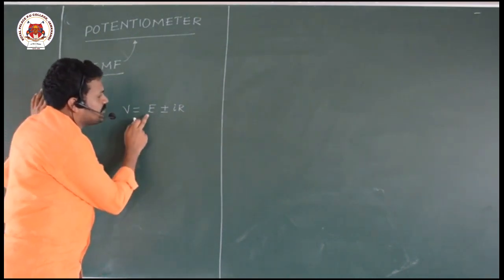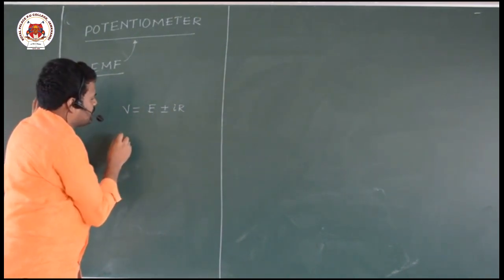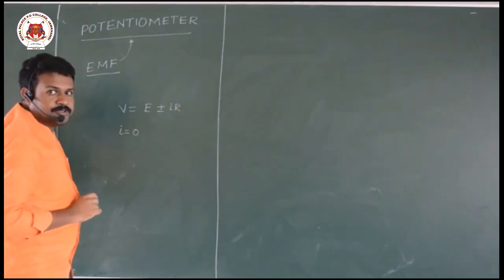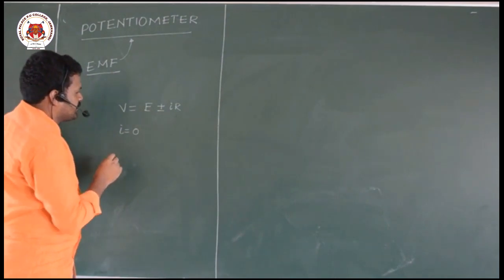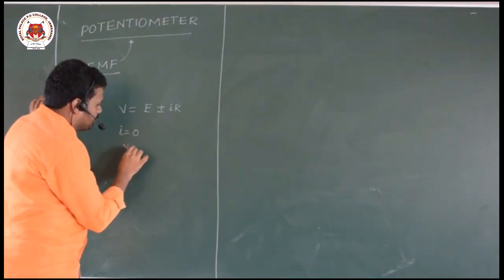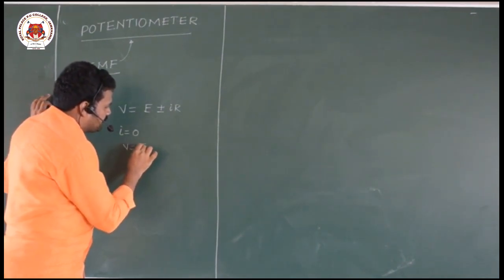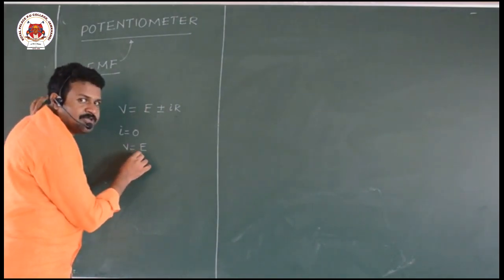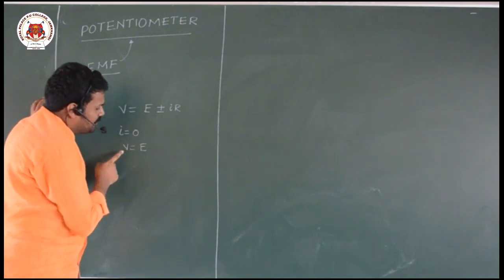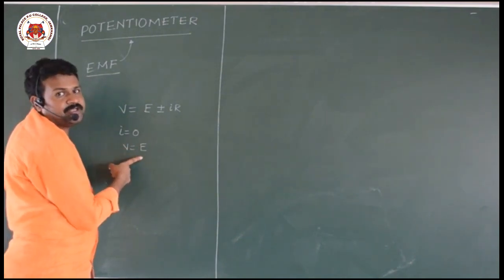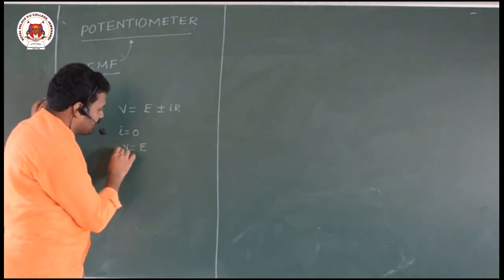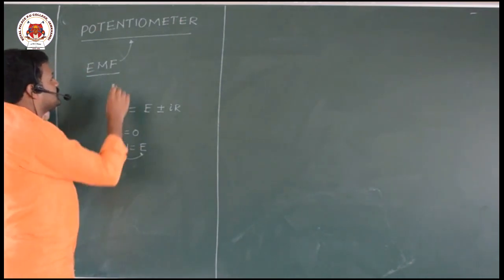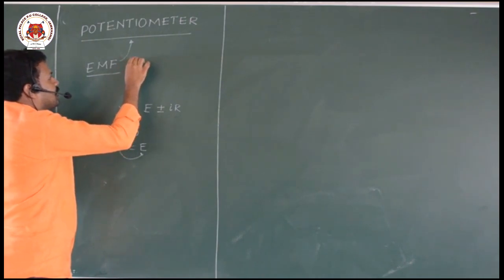If it is discharging, E minus IR. Suppose I is equal to 0, then what happens? V must be equal to E. So if you measure the potential difference at the ends of the battery without drawing current from the battery or cell, then we can measure the EMF of the cell, which is denoted by the letter E.